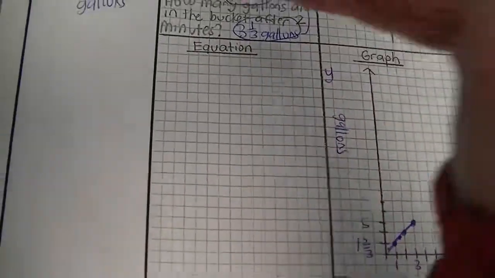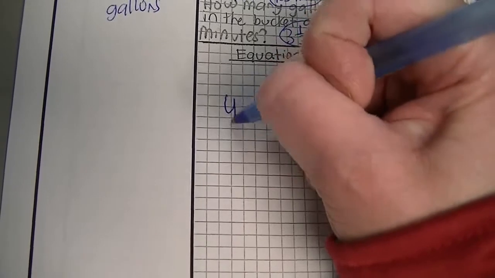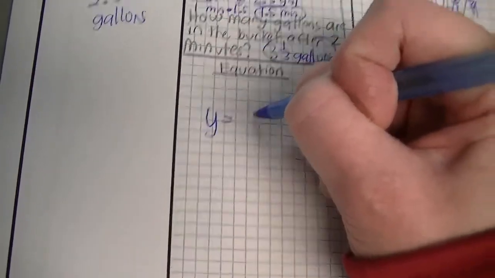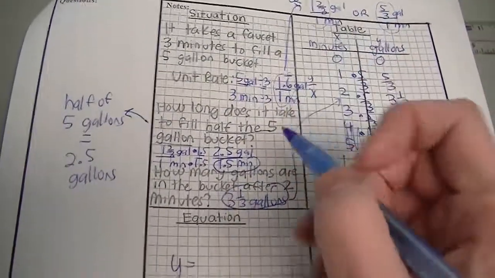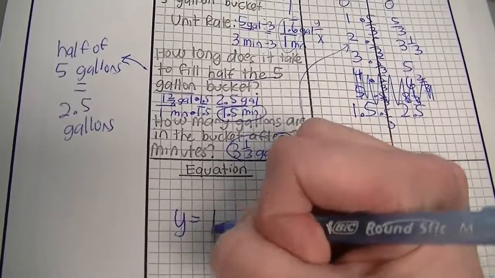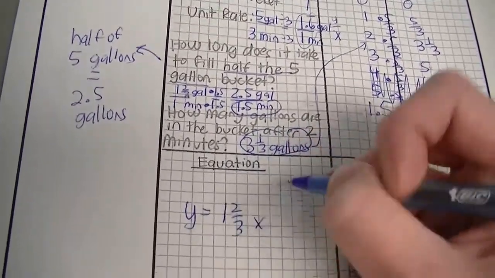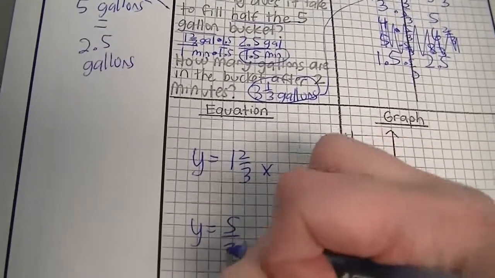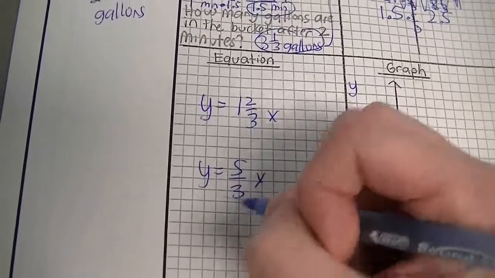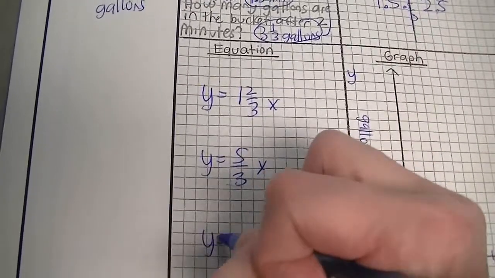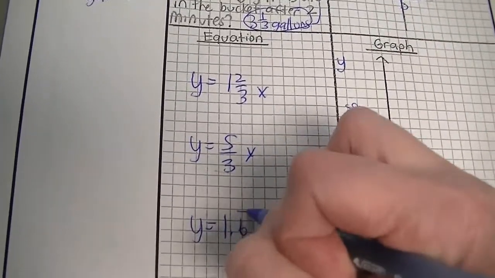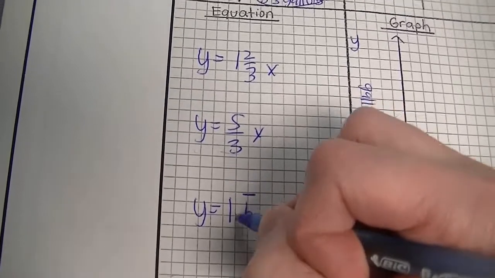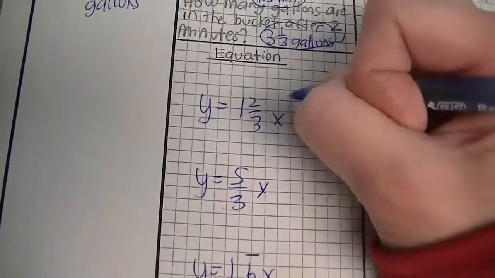All right, so our equation: y equals unit rate. Gosh, you have your pick for unit rates right here because it's all interchangeable. y equals 1 2/3 times x. You could also write y equals 5/3 times x, because it's 5/3 over 1, technically. y equals 1.6 repeating times x.